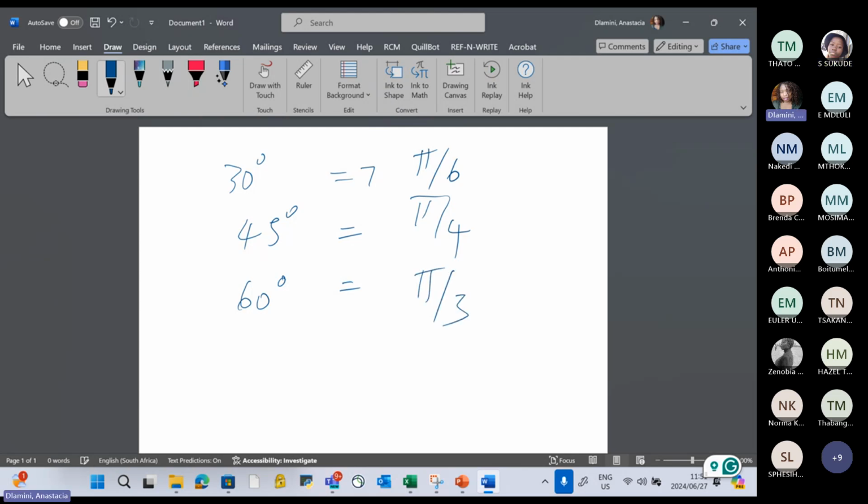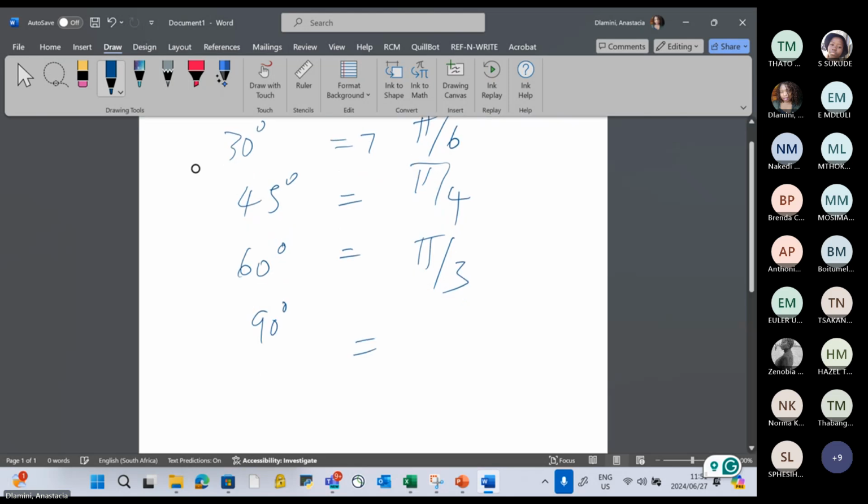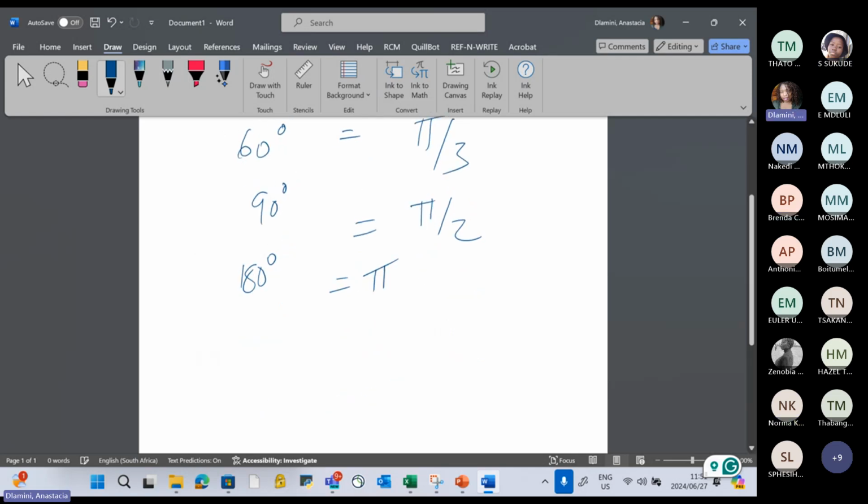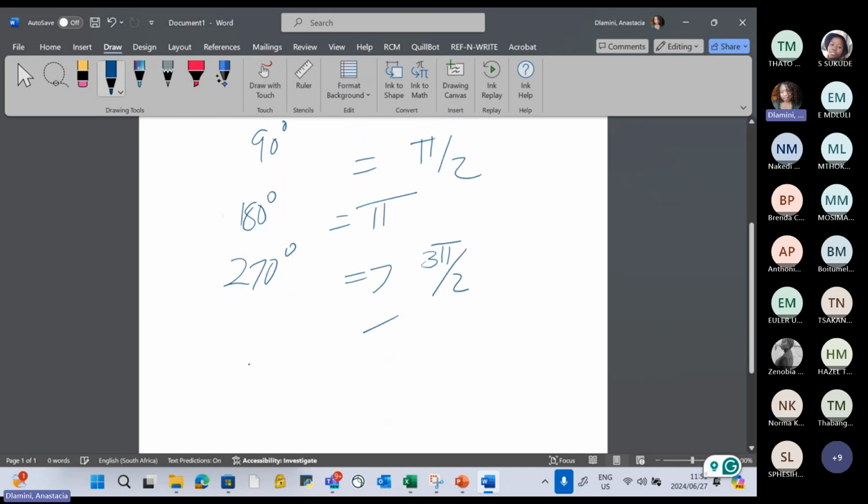For 90 degrees, pi over 2. For 180 degrees, pi. For 270 degrees, 3 pi over 2. And for 360 degrees, 2 pi.